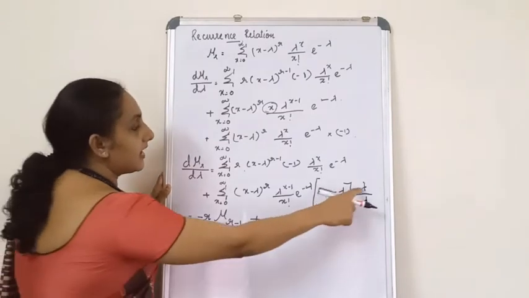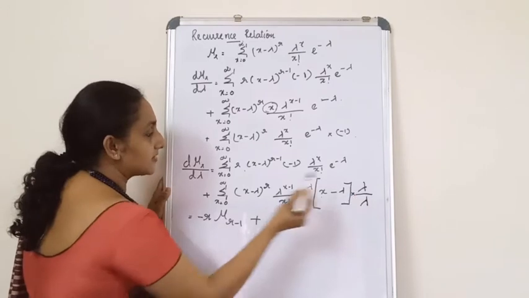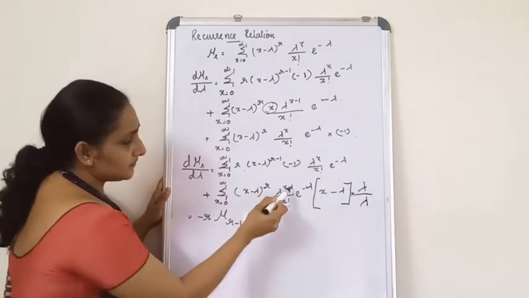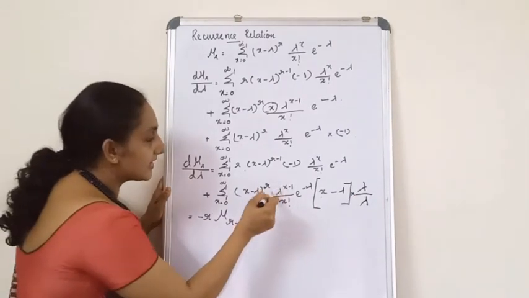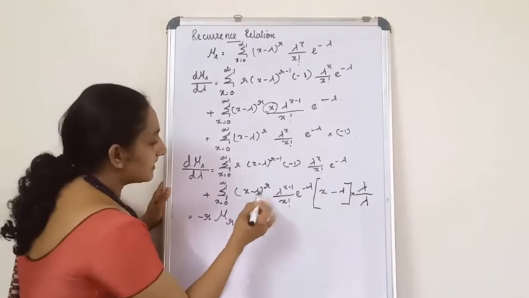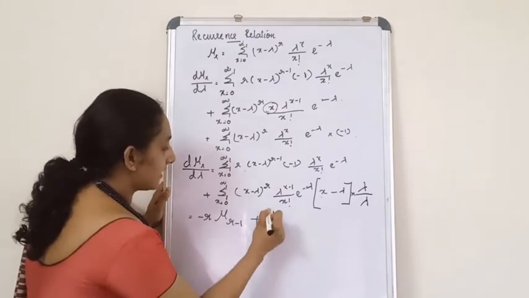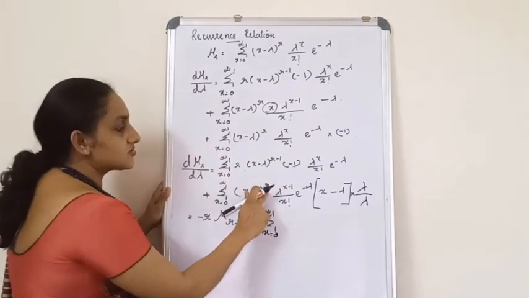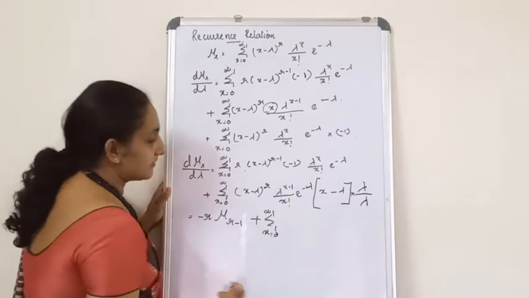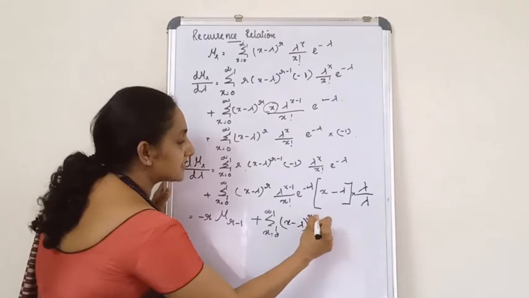Okay, so when I multiply by lambda, my intention is just to cancel this lambda and this lambda raised to minus 1 over here, so that I only get lambda raised to x. So I can write it as the summation over x equal to 0 to infinity of (x minus lambda) raised to r, and you have an (x minus lambda) over here, so you can write that as (x minus lambda) raised to r plus 1.